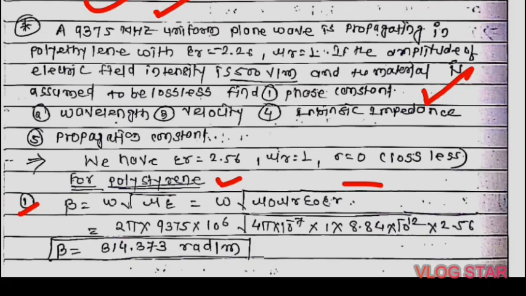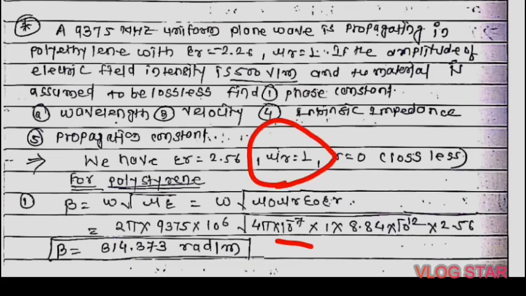Inside the root, mu 0 is a constant, 4 pi into 10 raised to minus 7, into mu r equal to 1, into epsilon 0, a constant with value 8.85 into 10 raised to minus 12, and epsilon r is given as 2.56.